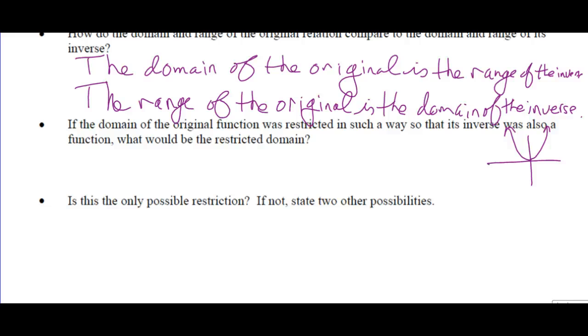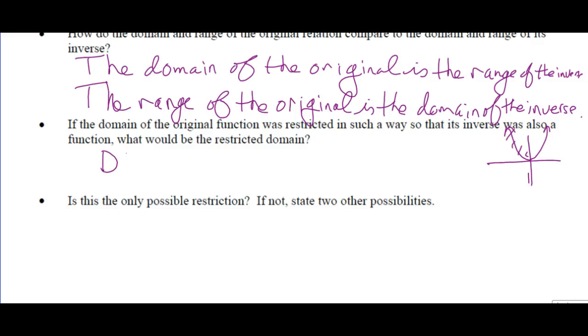In the original, you want x to be greater than 0. So if we restrict it so we don't have this, then the inverse is simply going to be that part. Yeah, so that would work.